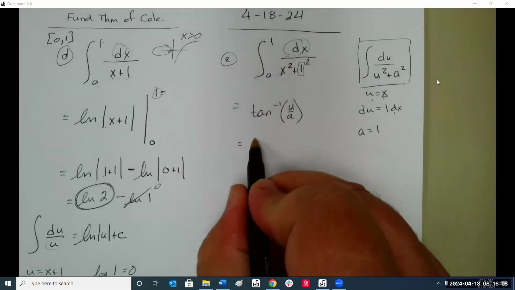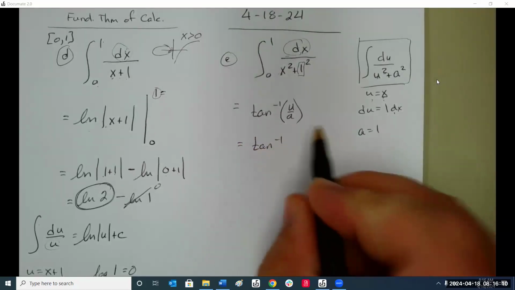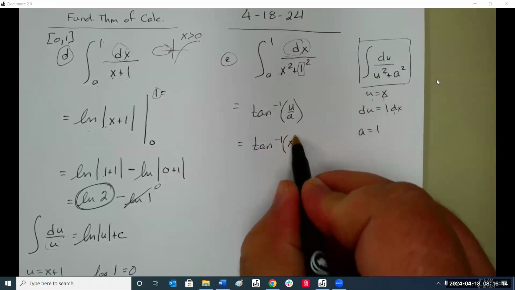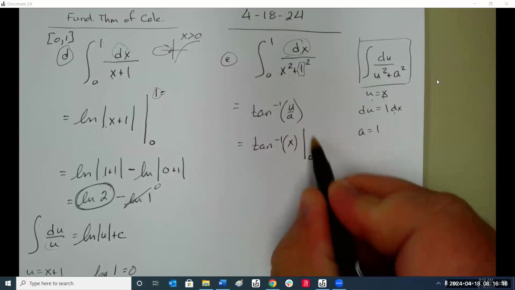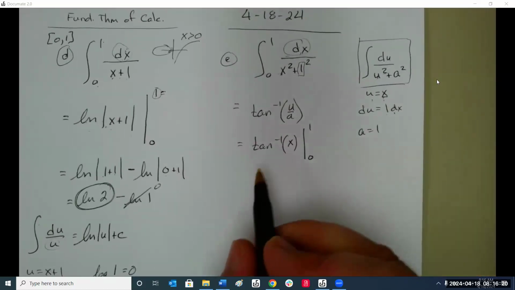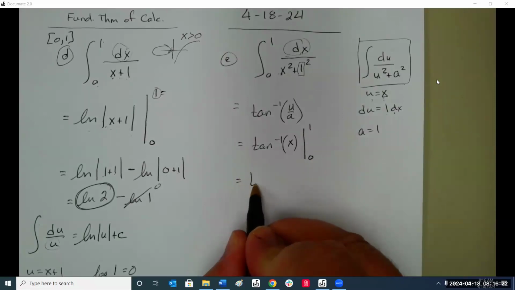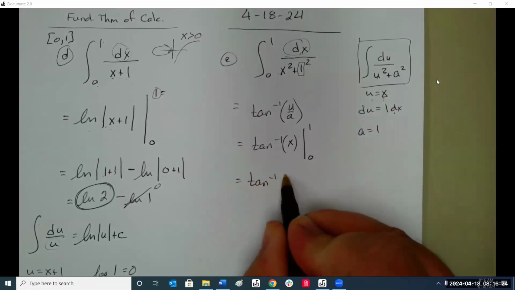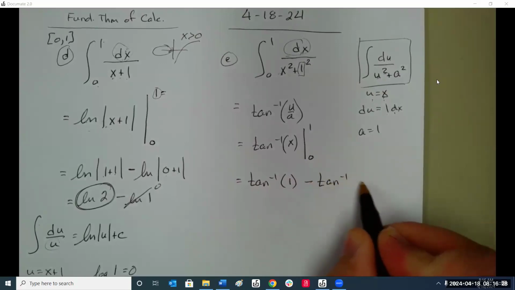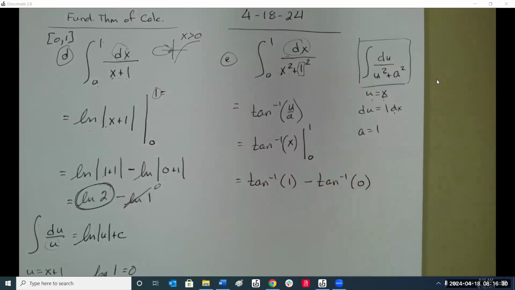So it's the inverse tangent of x over 1 from the bounds of 0 to 1. So we have the inverse tangent of 1 minus the inverse tangent of 0.